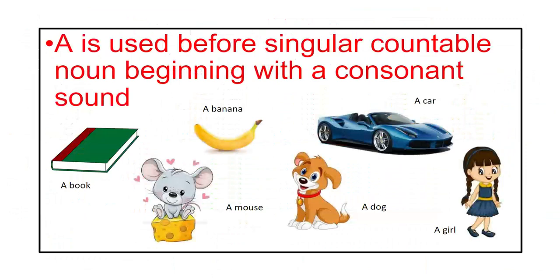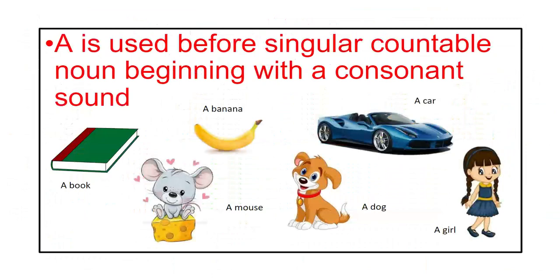We all are well aware that there are 26 letters, out of which 21 are consonants and 5 are vowels. A is used before singular countable nouns beginning with a consonant sound.